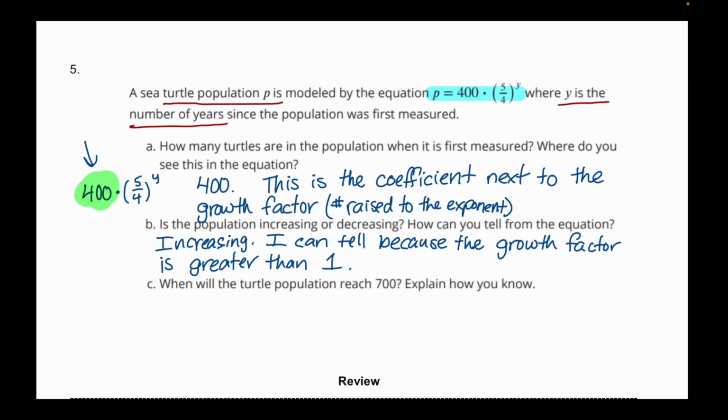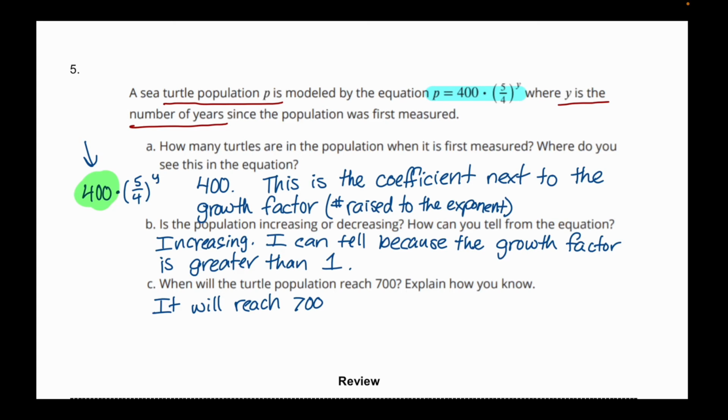So let's try 2 years. 2 years shows me 625, which I think means that after 3 years, I might actually have the right amount here. Yeah, so when will it reach 700? So I'm going to say 3, and y is the number of years, so it will reach 700.